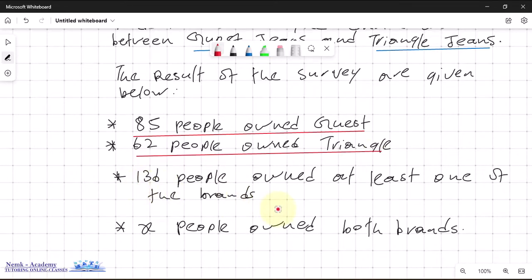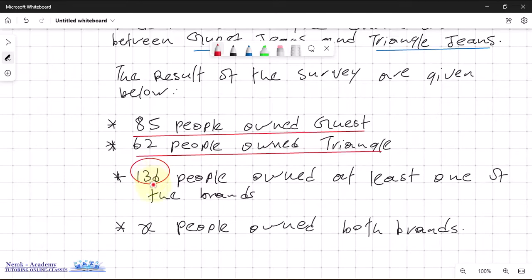So in total, what they're saying here is that people who have jeans, whether it's a Triangle or a Guess jeans, how many are there in total? 136. Are you with me? So if we read statement number 3, they're saying 136 people owned at least one of the brands.